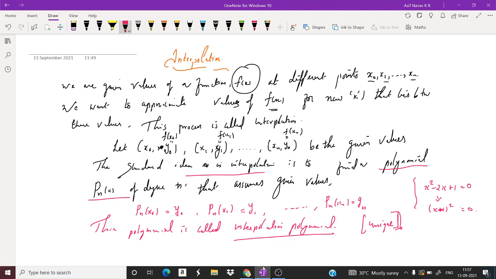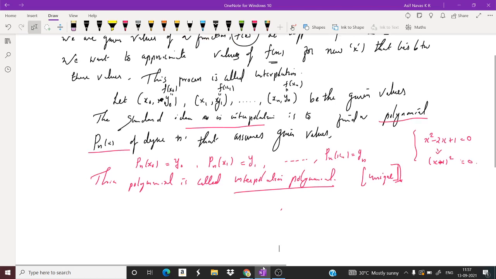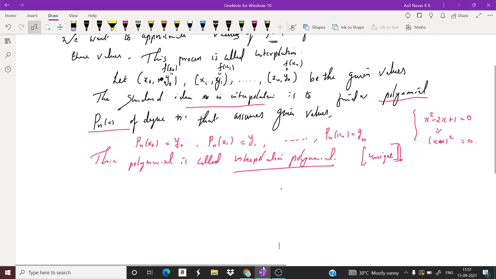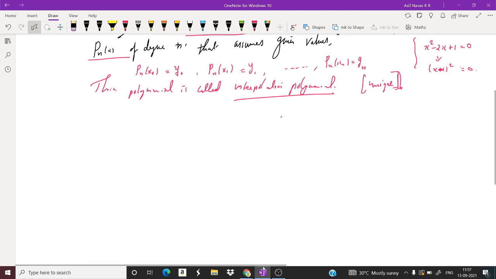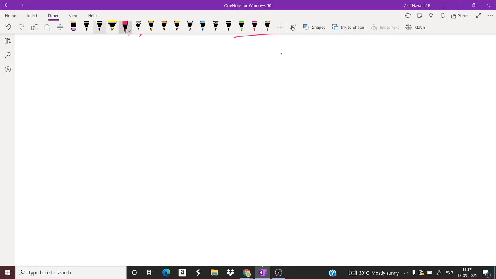So similarly, in many ways we can write the same polynomial. So now our aim is, if we are given a continuous function f of x and some points, we have to find a polynomial which approximates the value of f. The first method to find such a polynomial is Newton's divided difference formula.